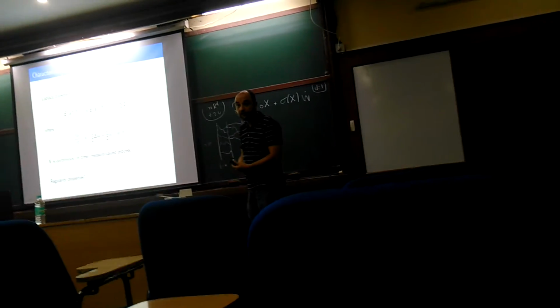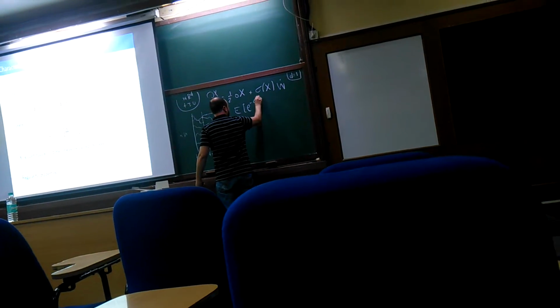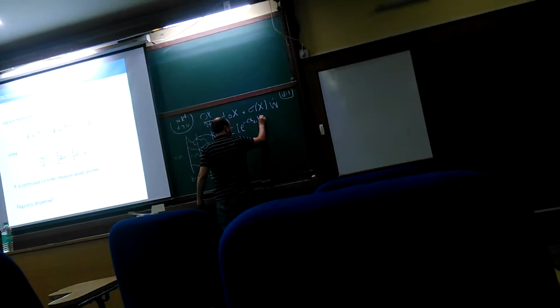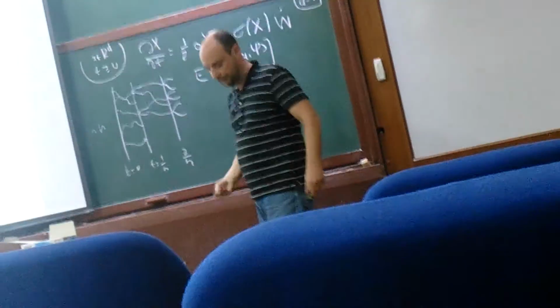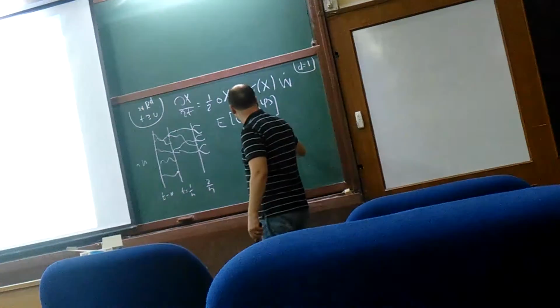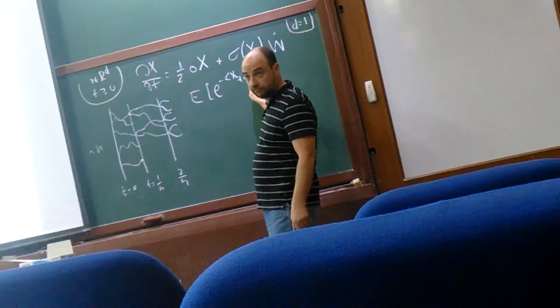And how to characterize the limiting process? One of the ways to characterize it is via the following. I take my measure which I get in the limit, take it at any time t, and integrate this measure against a non-negative test function.